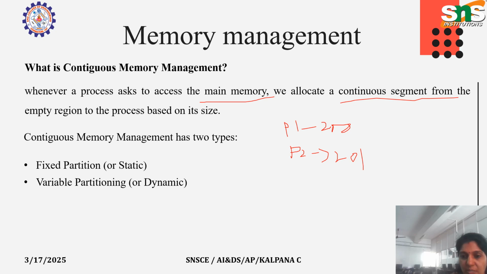And the third process, for example, ends at 300, and your P3 process is going to load from 301. So continuous memory is being allocated for these processes. So this is called your contiguous memory management.